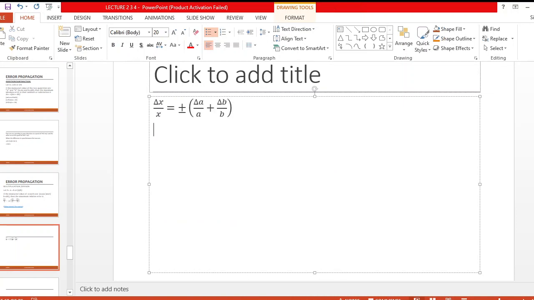So this is the rule for multiplication and division.